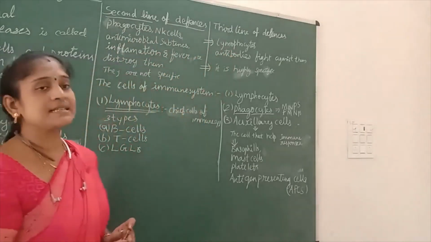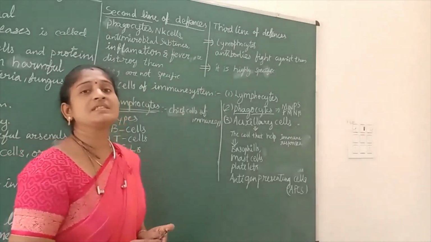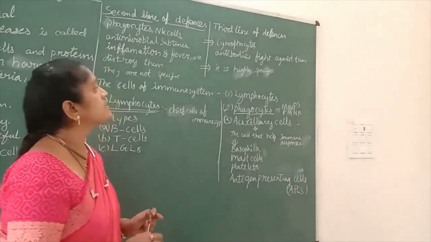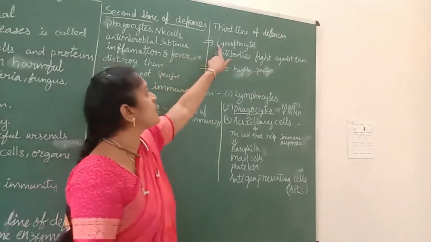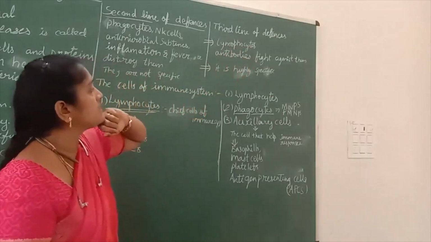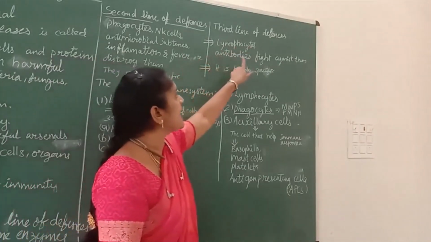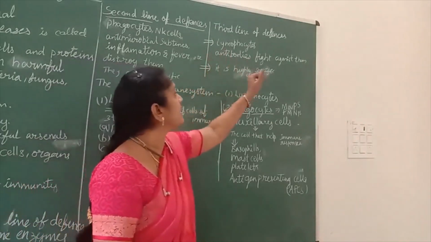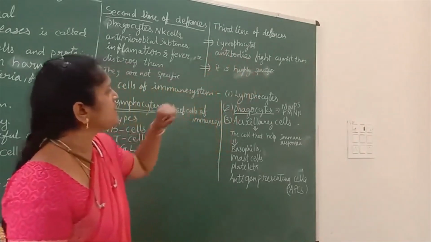The lymphatic system is present in our body, which helps to fight against the microbes. In the lymphatic system, the lymphocytes are present, and they develop antibodies. They will fight against these microbes.